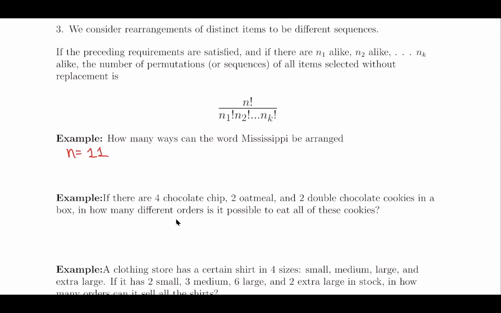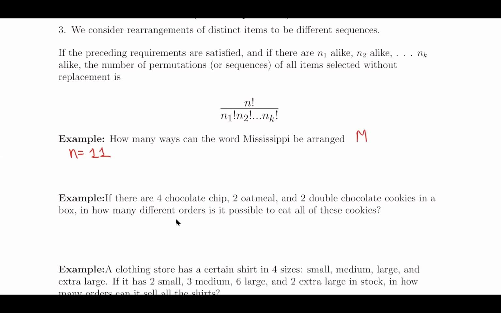Everybody good with how we get the 11? Cool. Here comes the important part. You have to look at each object in those 11 and see how many times it repeats. Let's look at the letter M. How many times does M repeat? One time. What about I? How many times does I repeat? 4.